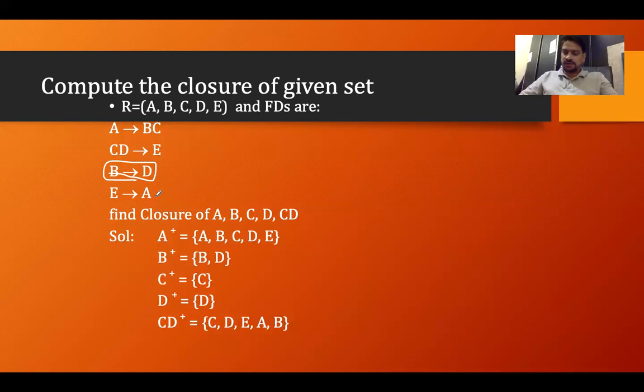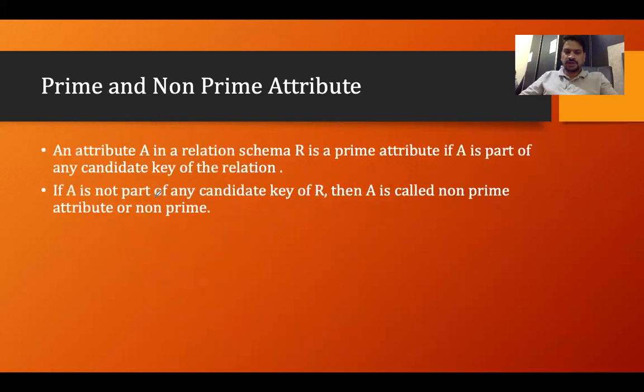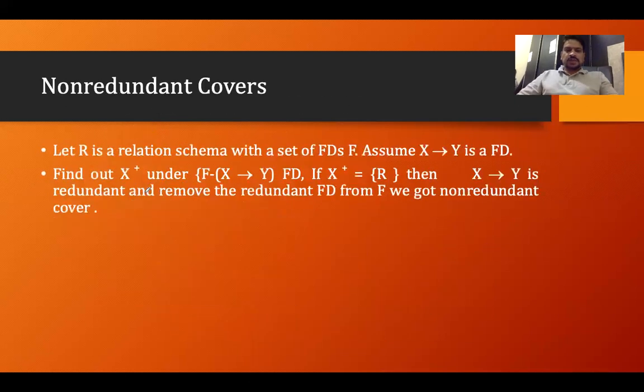I think it is clear to all of you what we mean by non-redundant cover. The same thing is given in some technical representation. It says that if R is a relational schema with a set of functional dependencies, means R is your table with some functional dependencies F. Assume X determines Y is one of the functional dependencies.